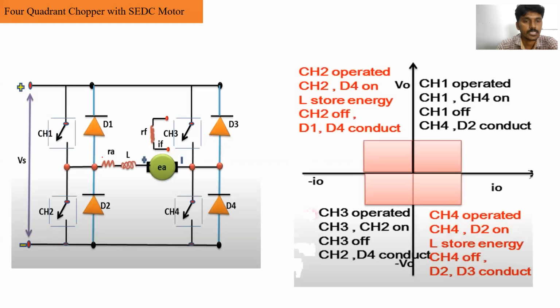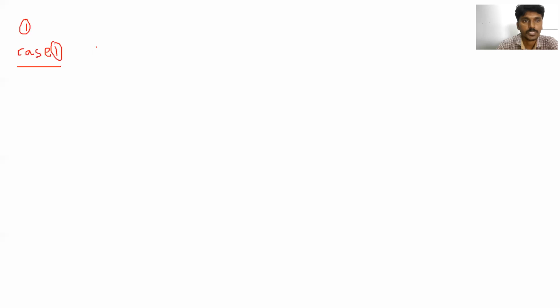In the first mode, case 1, chopper 1 is operated and CH4 is kept on.